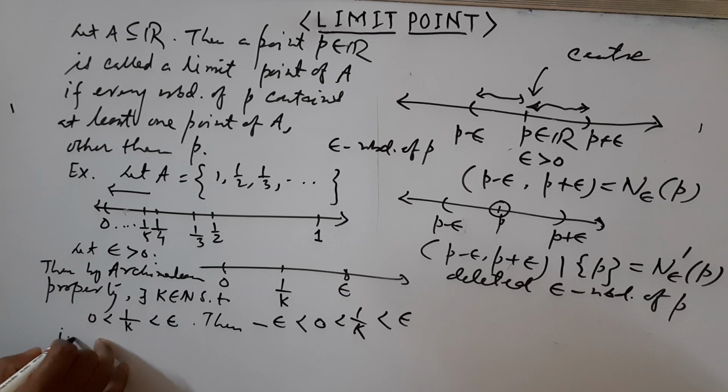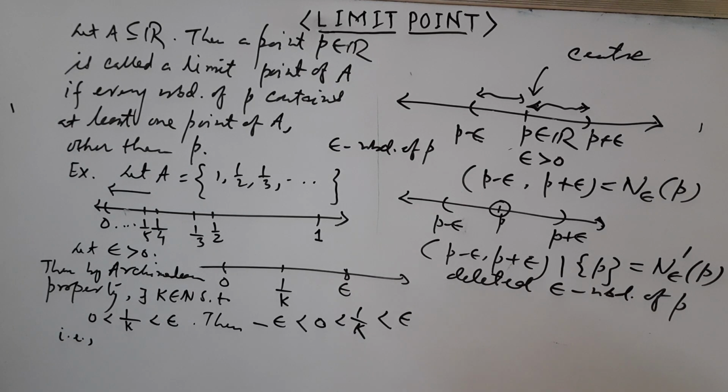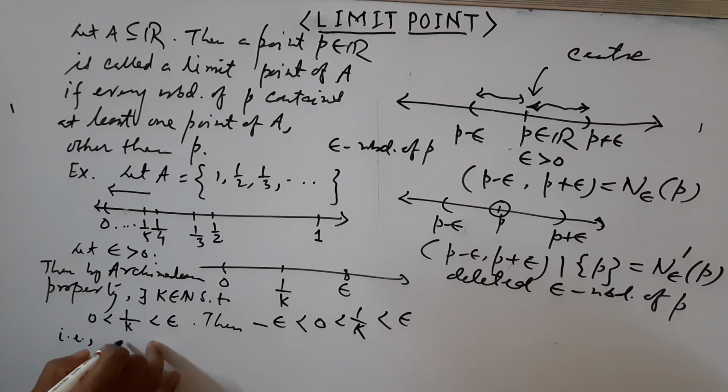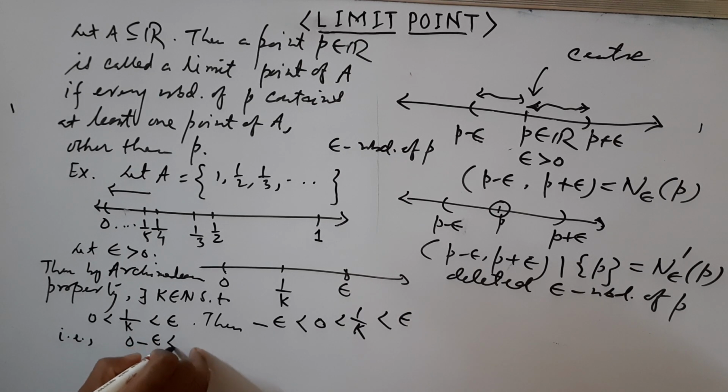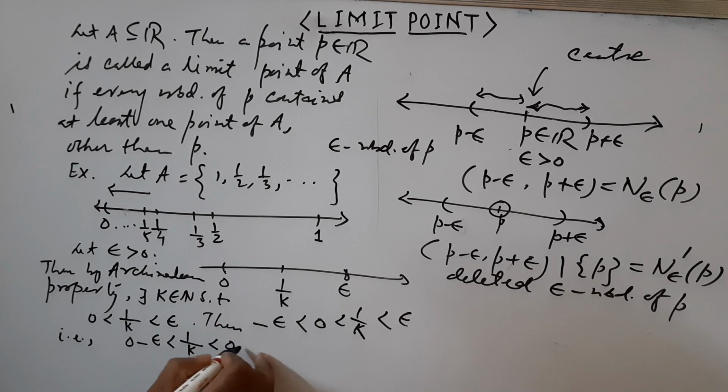That is, we can write 0 minus epsilon less than 1 by k less than 0 plus epsilon.